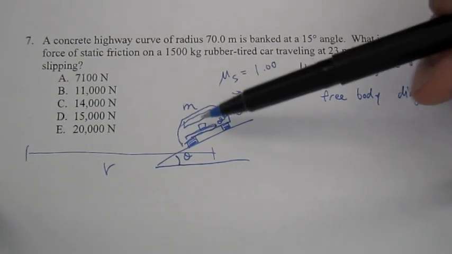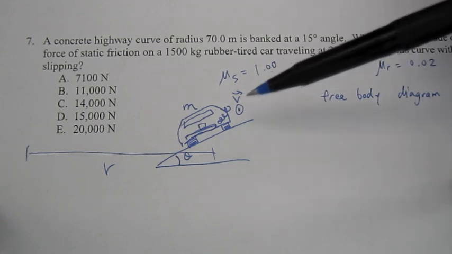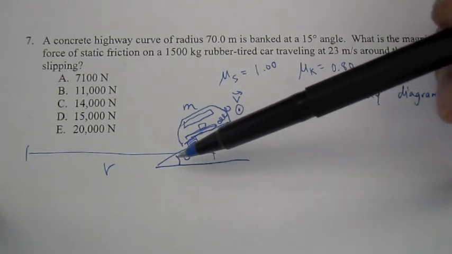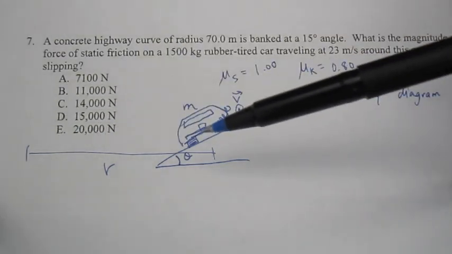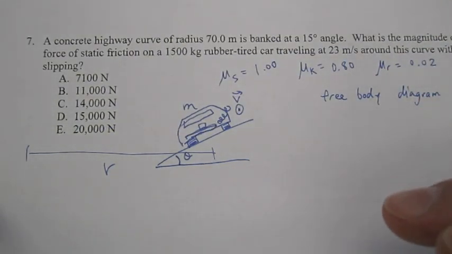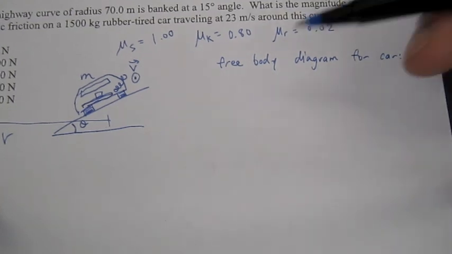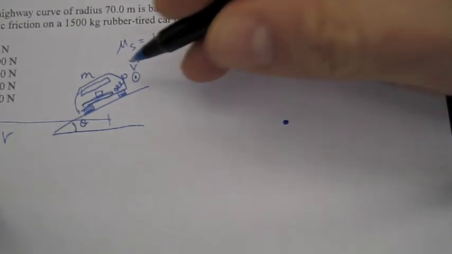So here it is. I'm going to call the mass of the car m. Its velocity is into the page, v. The banking angle of the curve is theta, and the radius of this whole curve is 70 meters, r there. And let's draw the free body diagram for this car.